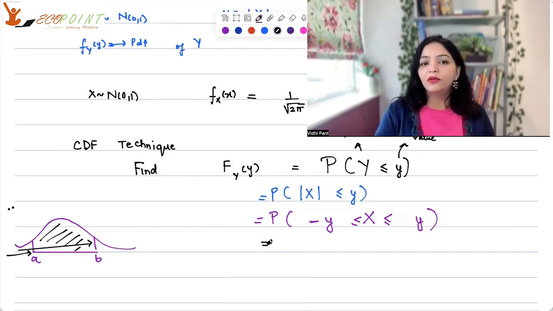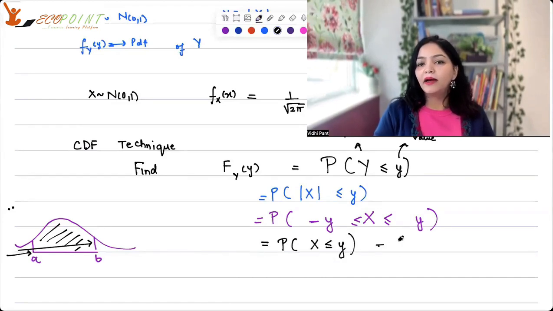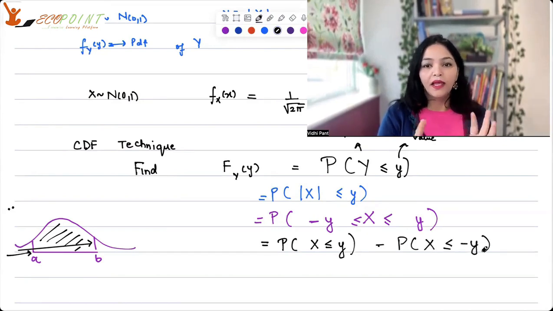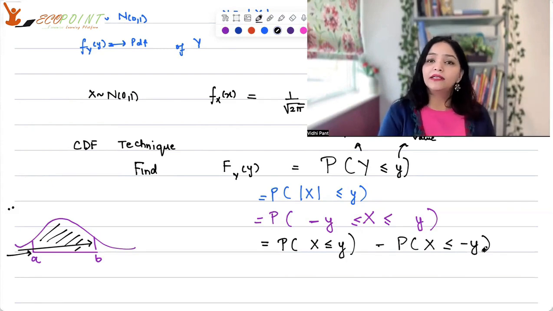So here it will turn into the probability x is less than or equal to y minus the probability x is less than or equal to minus y. Okay. अच्छा, अब probability x less than or equal to y क्या है?